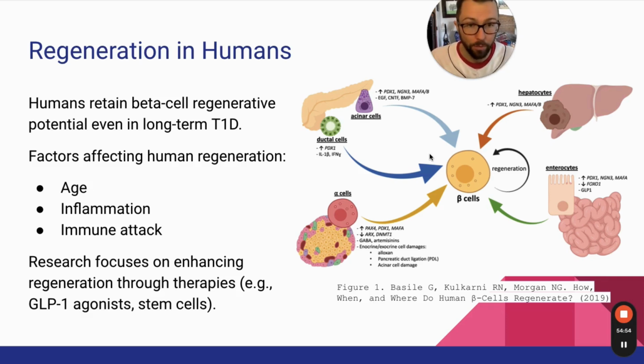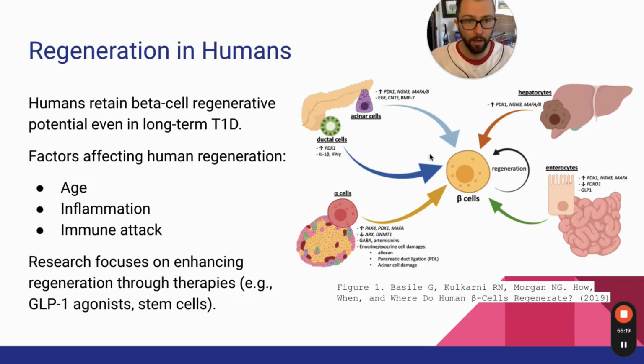There are multiple studies, multiple videos on YouTube talking about how people who have had type 1 diabetes for 30, 40, 50 plus years continue to show new beta cell growth. Now, obviously, there are many different things that influence the rate of that growth. How old you are, right?